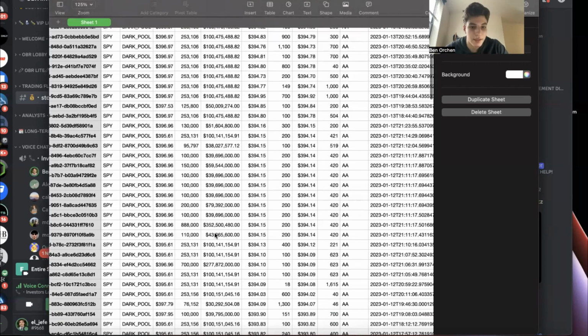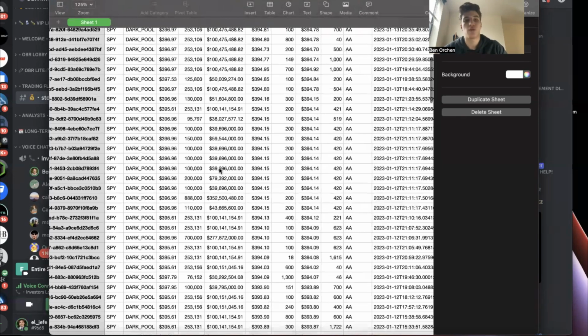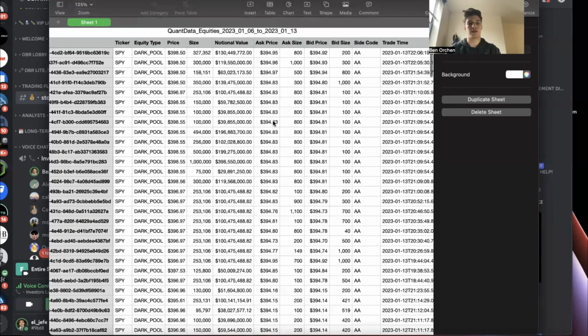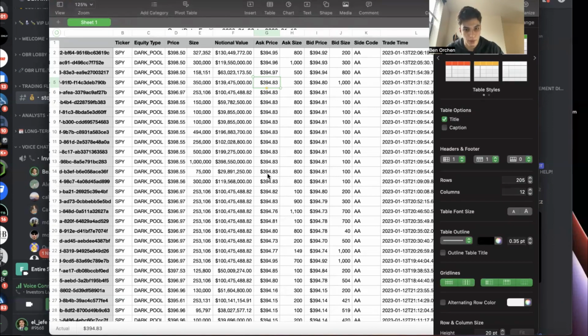So 396.96 is also pretty significant. So basically what I'll do here is I will very simply add up this notional value at whatever the level is printed here. So if this, let's say from 394 to 390, yeah, this is the last print right here.